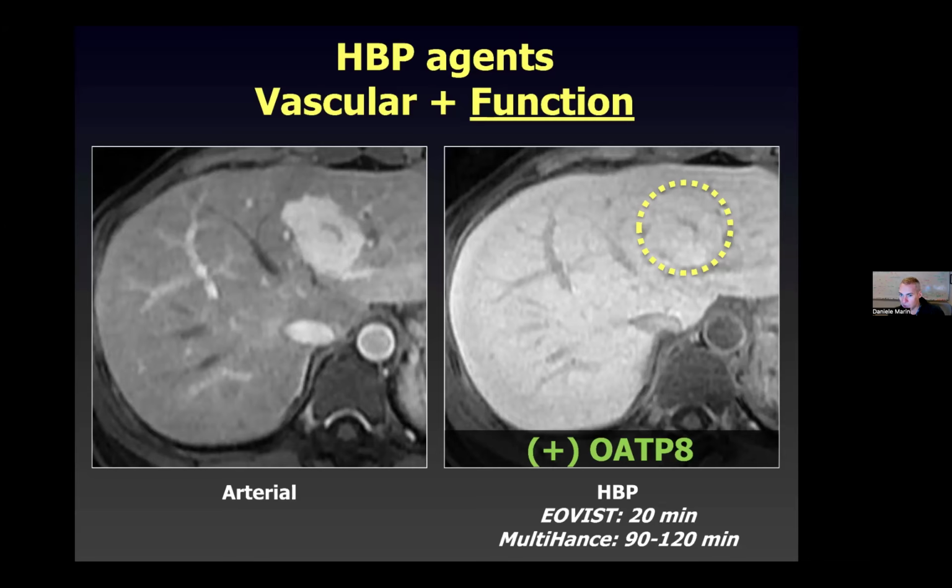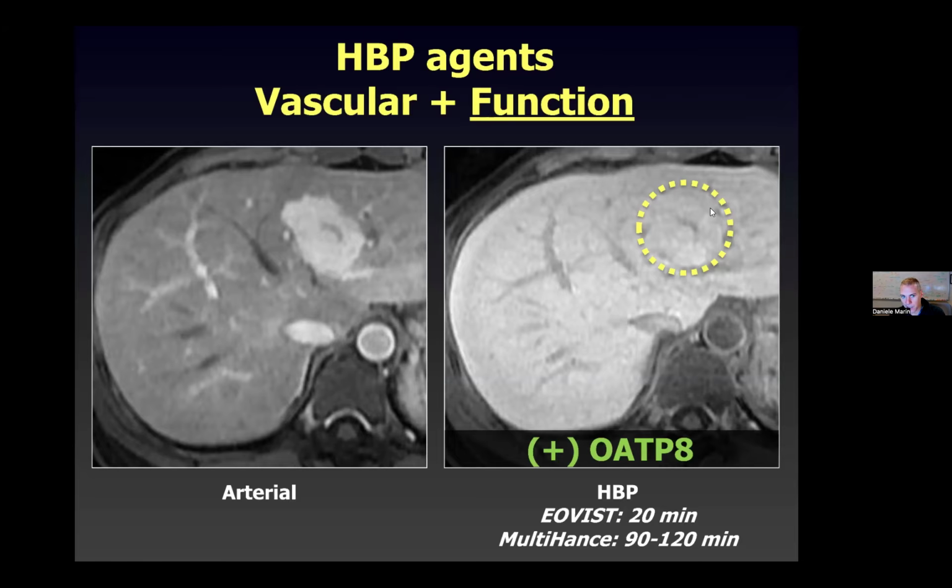contrast agents is injected by bolus, and then on the delayed phase, the contrast agent is taken up by normal hepatocytes. And as we said, focal nodular hyperplasia contains totally normal hepatocytes. So it's able to take the contrast media just like the normal liver parenchyma.